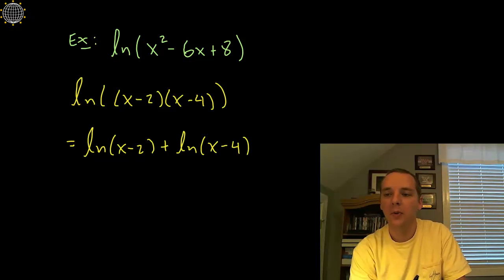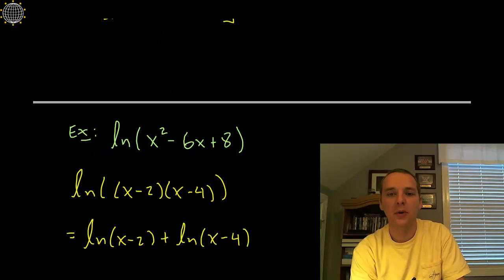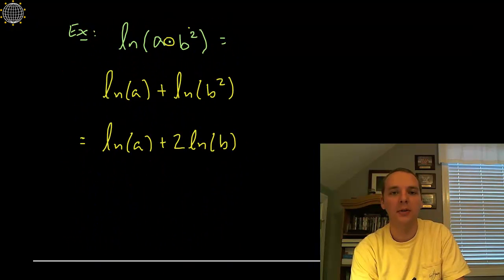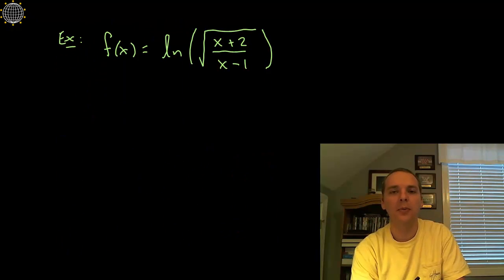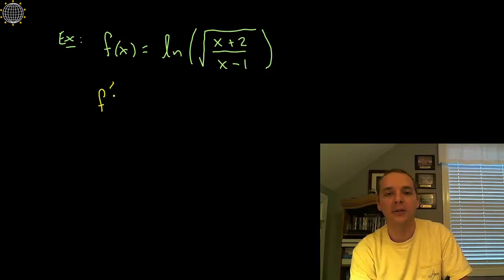Okay. Now you're watching me do all these, and so you might be saying, well, Devin, these are great properties and all, but how is this supposed to help me with calculus? Well, let me give you an example. Let's say this was a function, natural log of the square root of the quantity x plus 2 over x minus 1, and then somebody asked for this guy's derivative. Well, we know how to take the derivative of natural log of an expression.